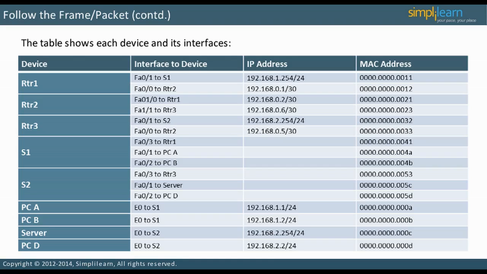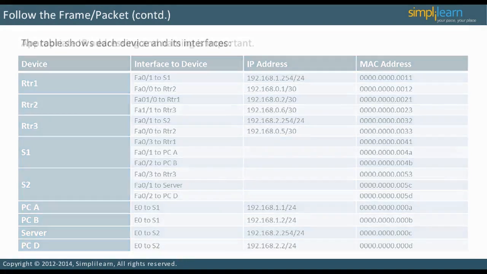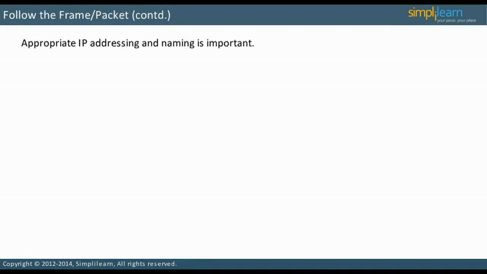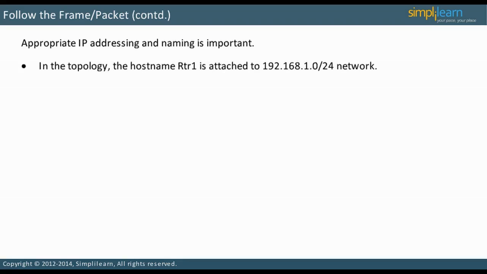Let us continue our discussion on following the frame or packet in the next slide. Appropriate IP addressing and naming is important to troubleshoot a network. In the topology, the hostname RTR1 is attached to the 192.168.1.0/24 network. Note that router 1 has network 1 in the third octet.